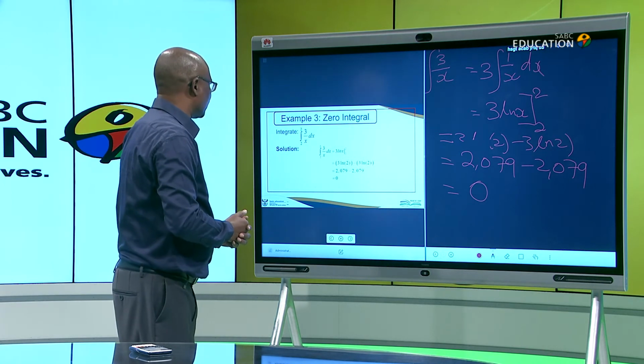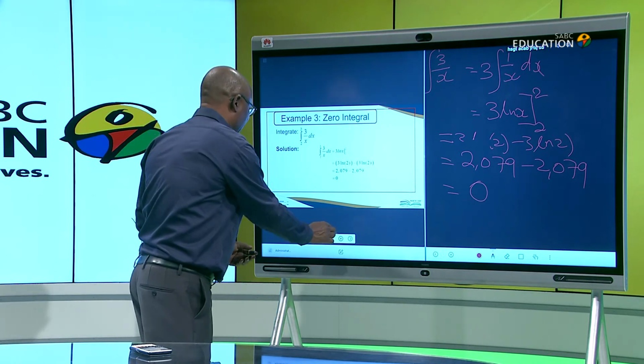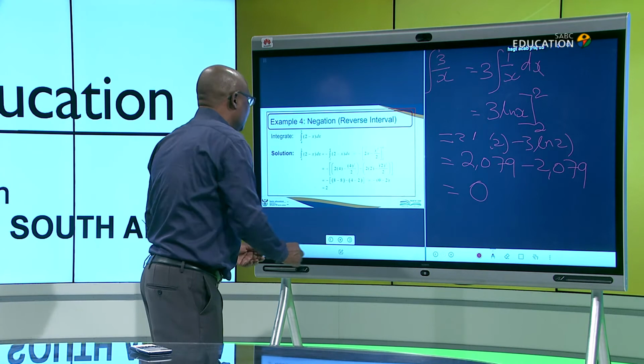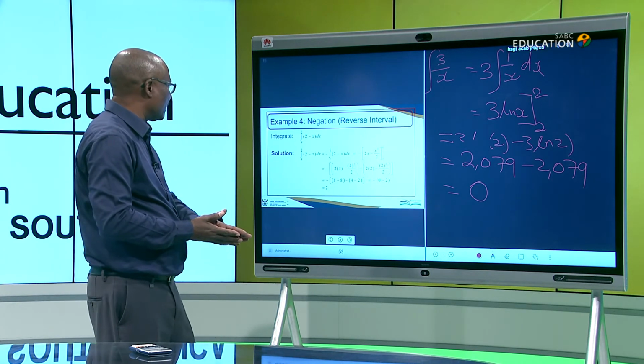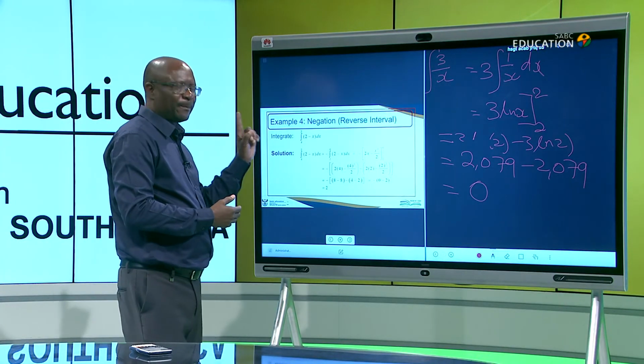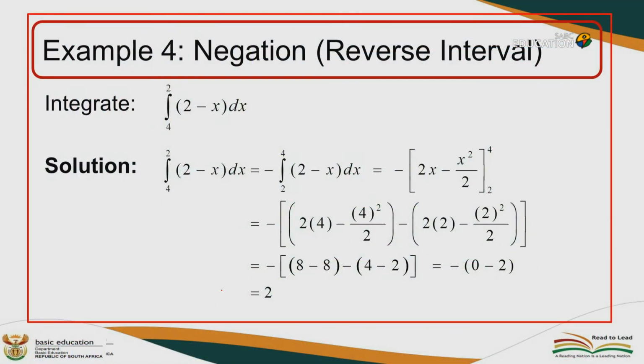Then let's look at rule number 4, which is the negation or the reverse interval. I said we apply this only in the situation where your value of A is greater than your value of B, where under normal circumstances your value of A should be less than the value of B. In this case, 4 is greater than 2.